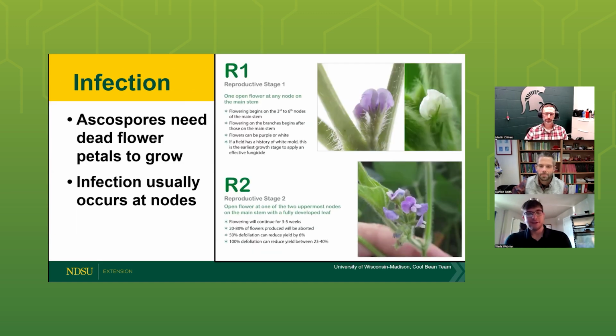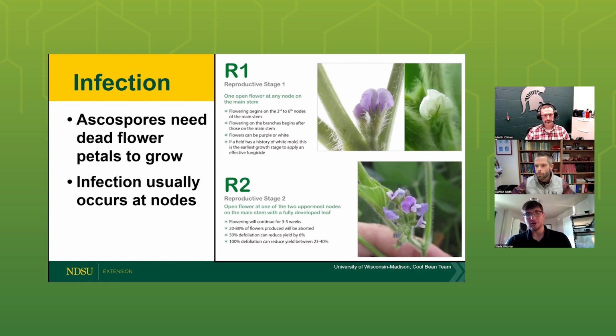So for this infection, it's really important understanding when these apothecia form and create ascospores that are released into that crop canopy. They need flower tissues to be present on these plants. And they need these flowers because the flowers contain a specific compound called pectin that the Sclerotinia uses to cause that initial infection.